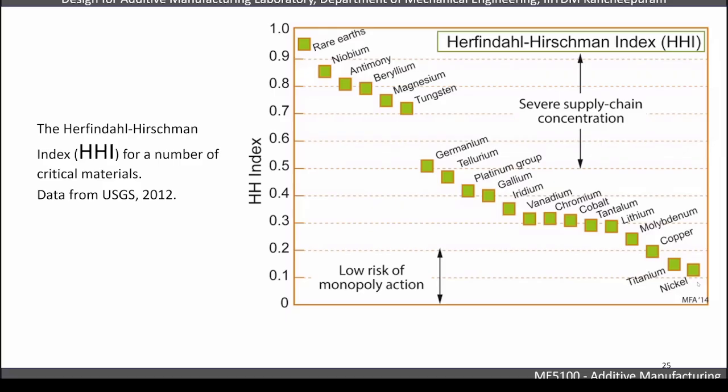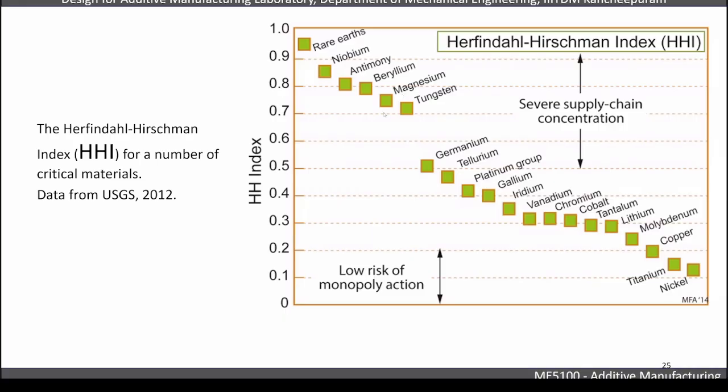Let's say you have 10% market share for each country, that means 0.1 squared plus 0.1 squared plus 0.1 squared, add all of them, so that number is very low. Suppose one country has the entire supply chain, right? That means the index is one. So any material that is very close to one has a very high risk of disruption.